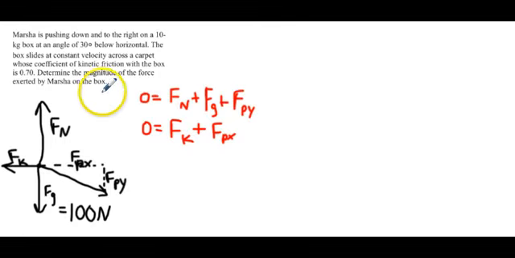And somehow or another we have to figure out the magnitude of the force exerted on the box. Well, in looking at this situation, I can easily see that Fk equals FPX, and I can see that FPY and Fg added together would be the same size as the normal force.